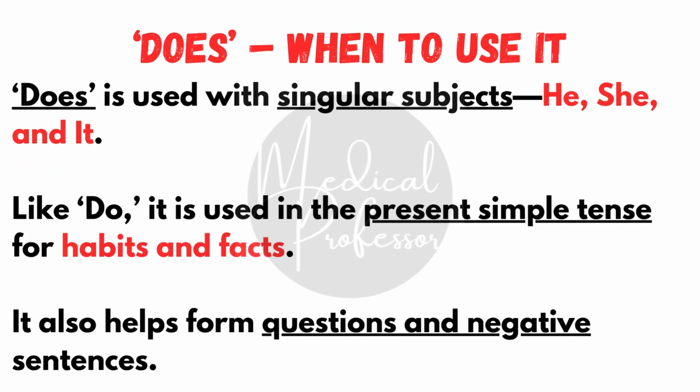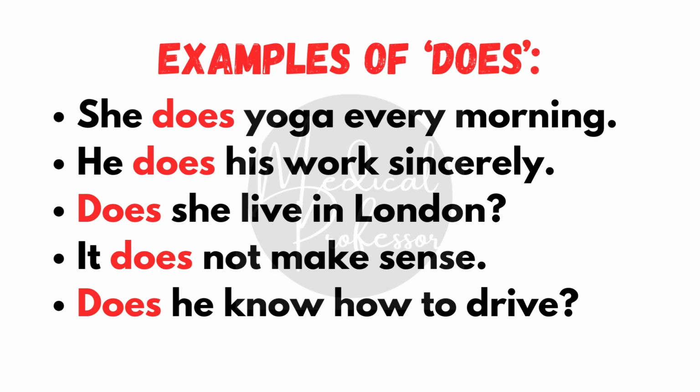Okay, let's discuss does. When to use it. Does is used with singular subjects, that is he, she, and it. Like do, it is used in the present simple tense for habits and facts. It also helps form questions and negative sentences. Examples of does.